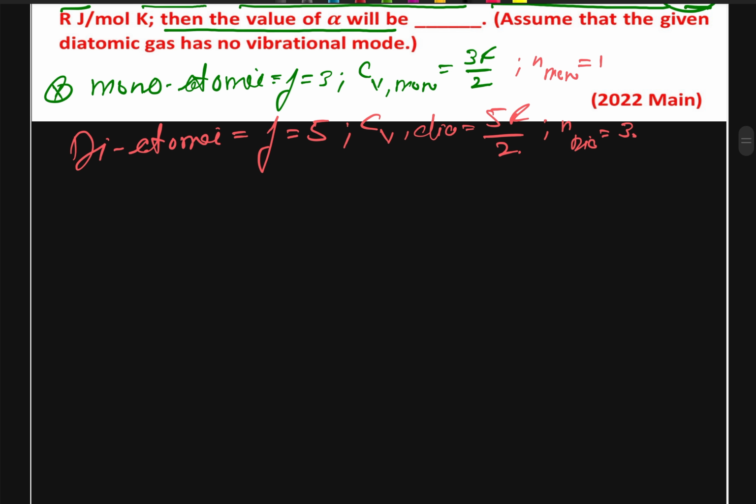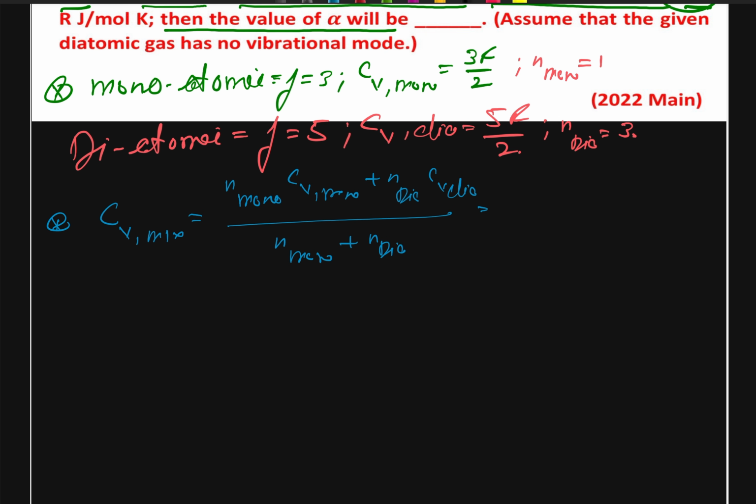So we can say that our C of mix will be equal to number of moles of mono multiplied by C of mono plus number of moles of dia multiplied by C of dia, and the denominator will be total moles, mono plus dia. And we substitute the value.